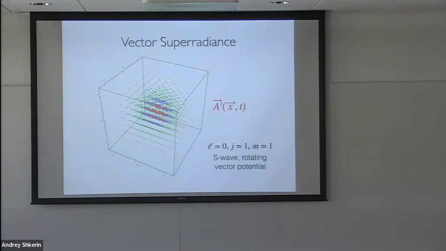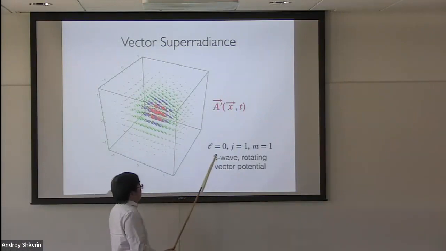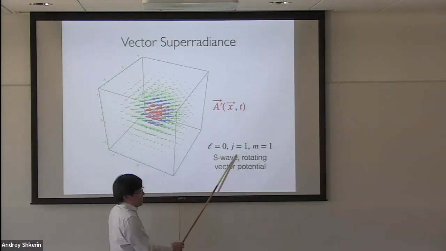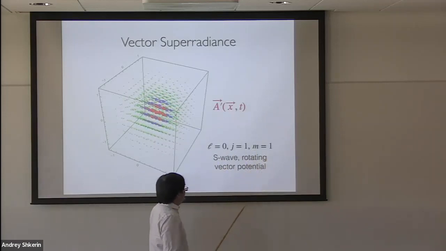So this is the wave function you are seeing, where I'm plotting the A vector field, which is the dominant component. The mode for vectors that is the fastest superradiating has L equal to 0, J equal to 1 because S equal to 1, we are talking about a vector field, and M equal to 1.